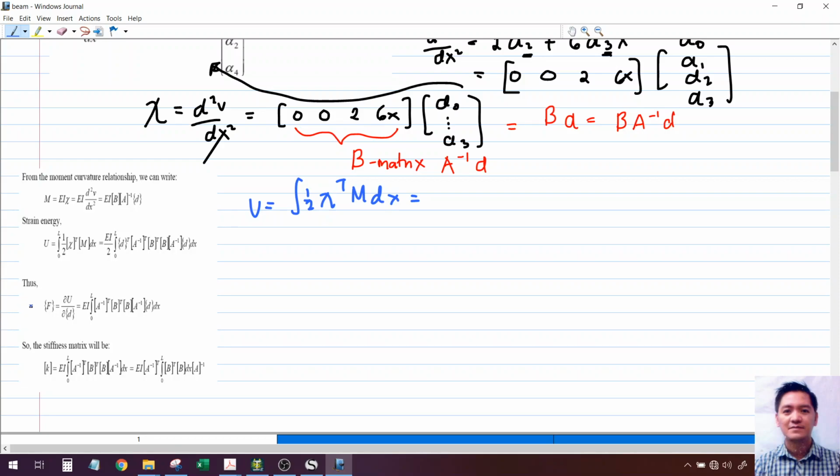EI, the curvature, or C, or key. So, 1/2, labas ko na siya. Transpose EI, the curvature. And then dx.